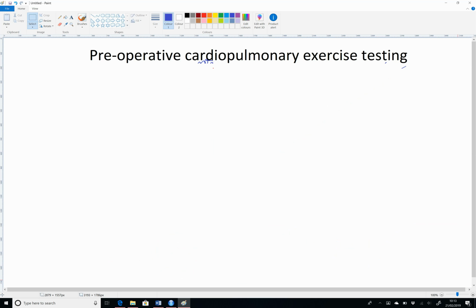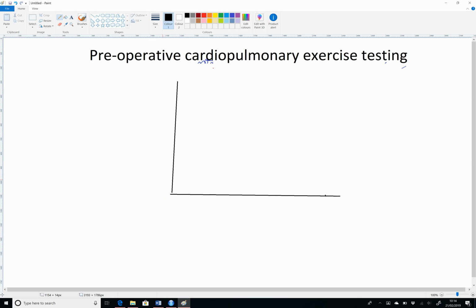So what else should we be looking at to determine the normality of a test? Well, one of the graphs that you should go to first of all is a graph of the respiratory exchange ratio.